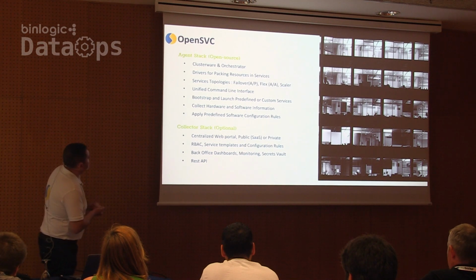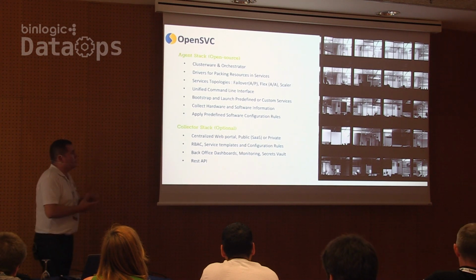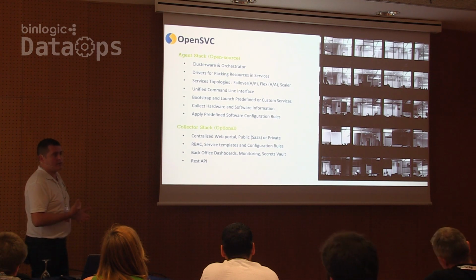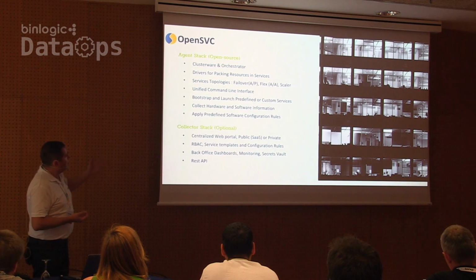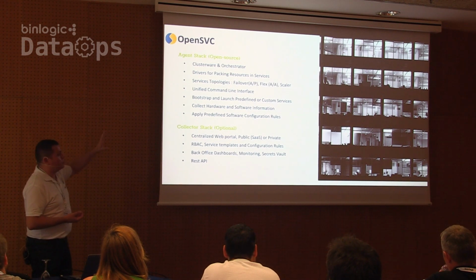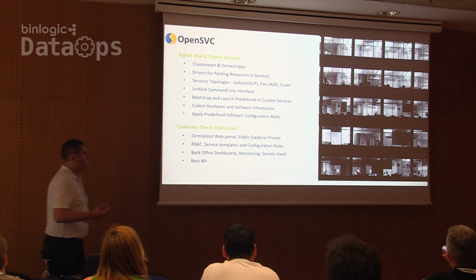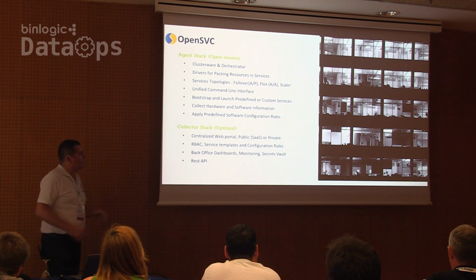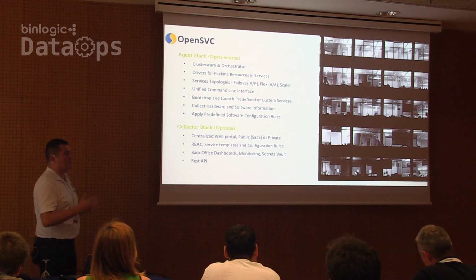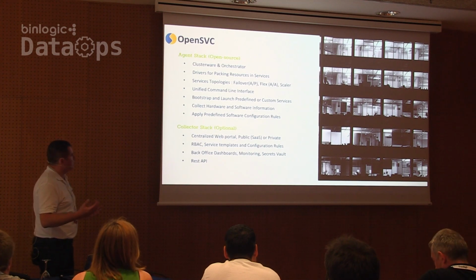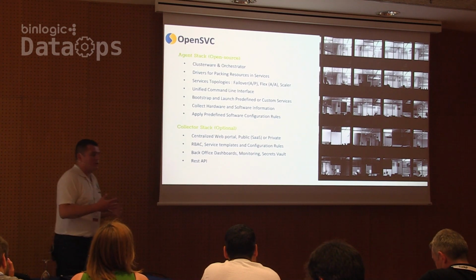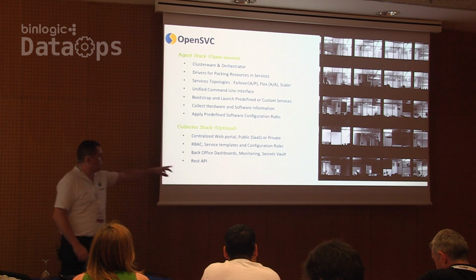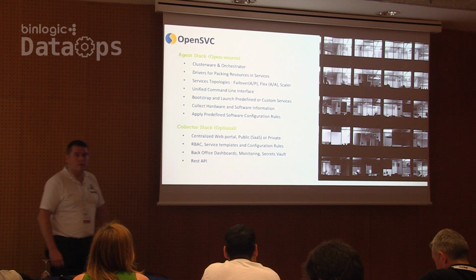What's interesting also, I didn't say that, it's the Python stack you deploy on servers. And that's all you need to build clusters and deploy services. And here we have an optional stack that makes sense when you have lots of services, lots of servers, to concentrate all the information in this web portal, which also provides the REST API of the overall solution.